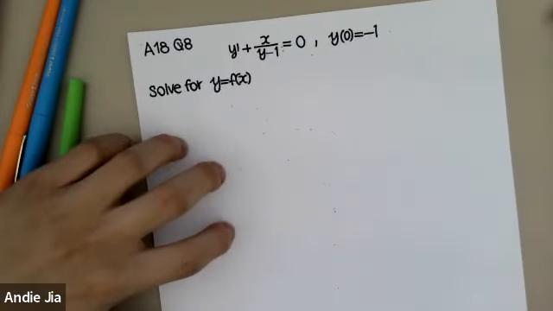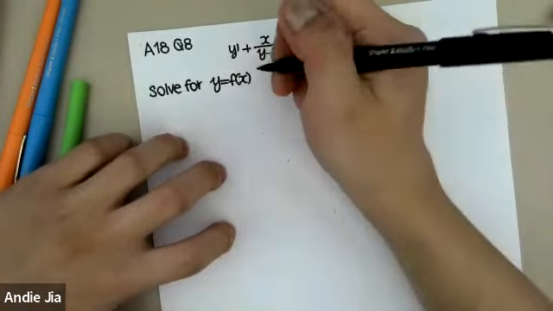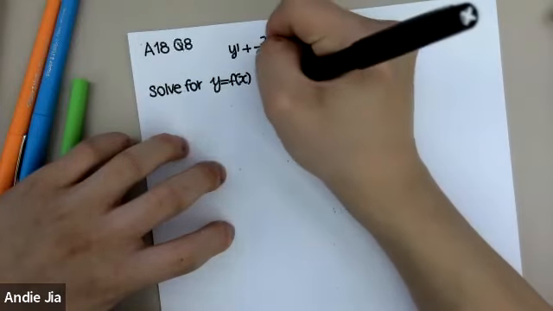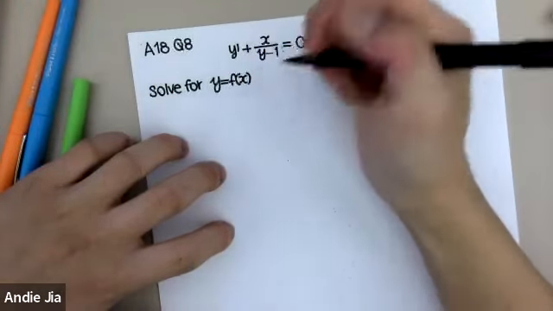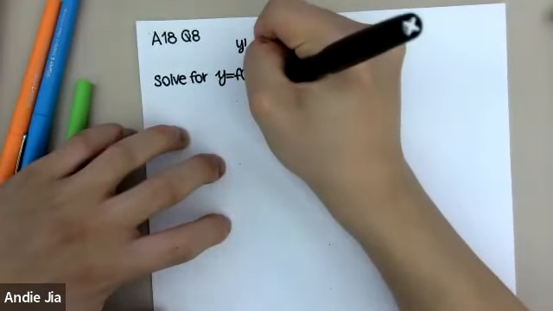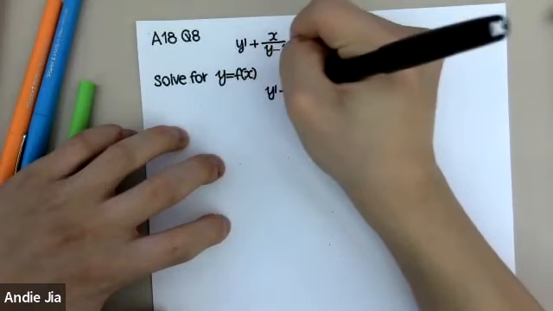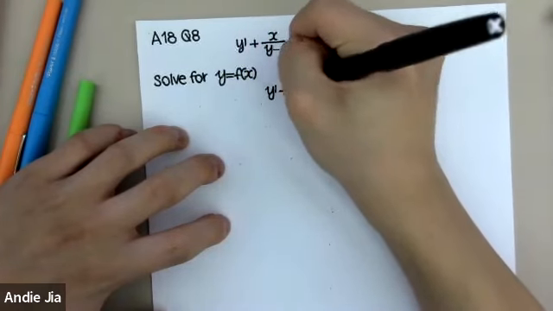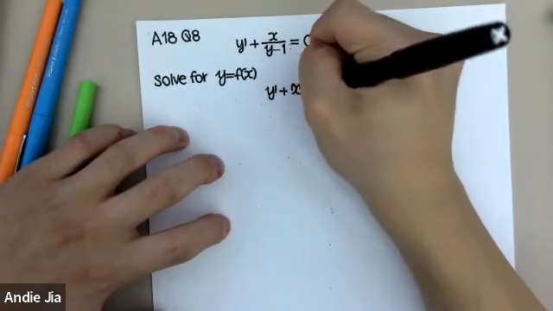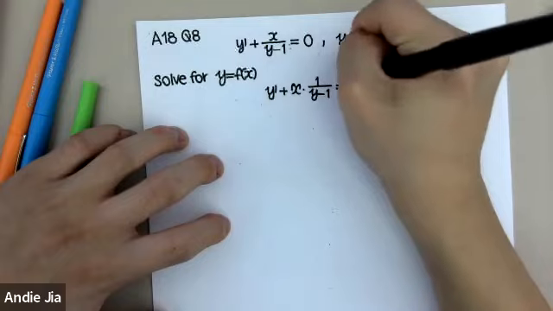Okay, we need to move the term here. We need to reorganize the equation. Let's rewrite it as y prime plus x times 1 over (y minus 1) equal to 0.